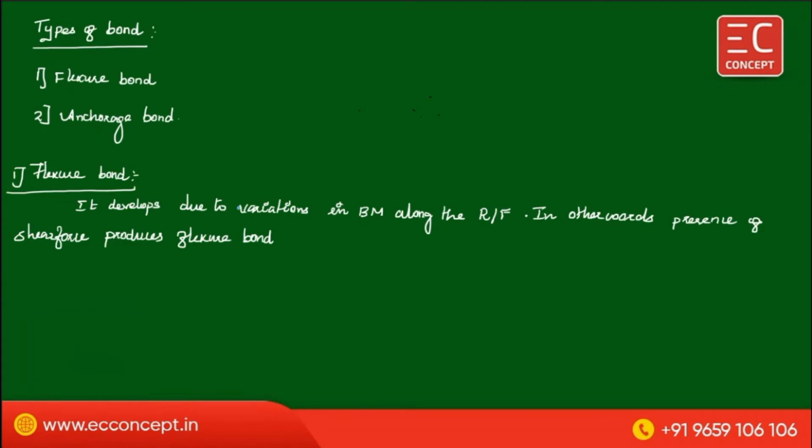Keep in your mind, and one more point we said, it is due to variation in bending moment along the reinforcement. What is the meaning? Suppose we consider two sections, this point number one and this is the next point. In between those two, here moment is equal to 0. Here bending moment is equal to M plus dM.